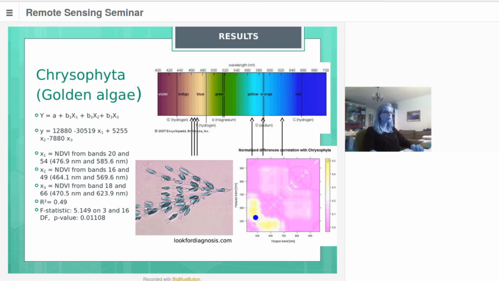And the last one, which was measured, was also multiple regression with bands 470, 580, 460, 560, 470, and 620, with R squared 0.49. So this, with the previous one, has the lowest correlation from the phytoplankton.